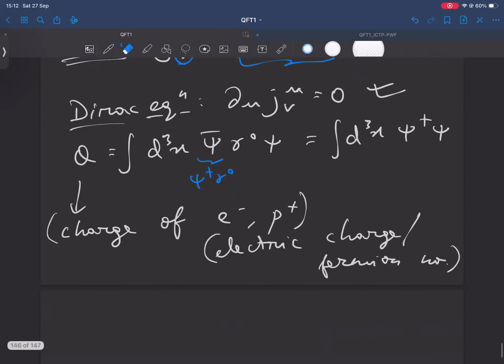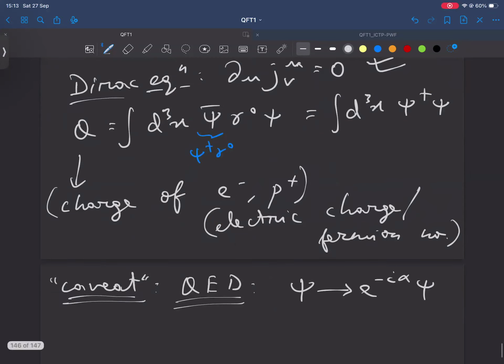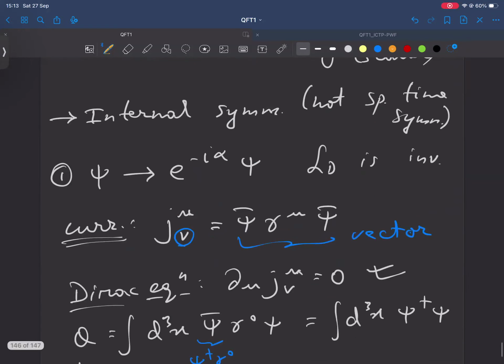However, there is a small caveat. I won't go into that, but I have written something in the lecture notes much before on that. The caveat is that when you do QED, you will see that this psi that was translating as e to the power minus I alpha psi, here this was a global symmetry in the sense that it didn't depend on space-time.